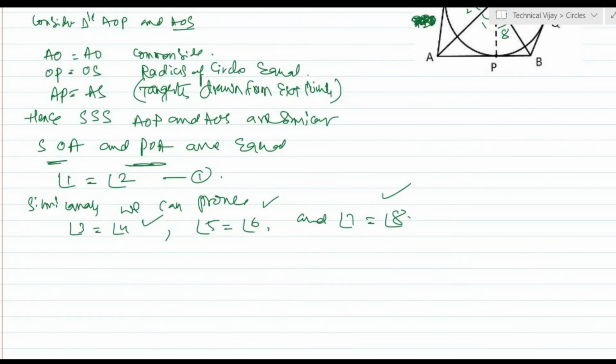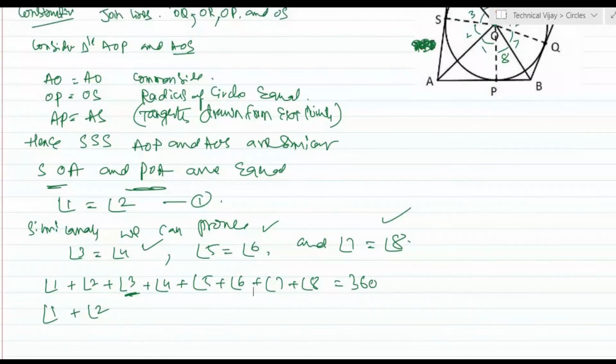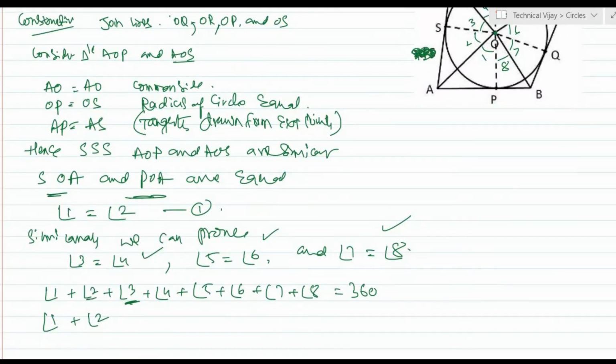So after this, angle 1 plus angle 2 plus angle 3 plus angle 4 plus 5 plus 6 plus 7 plus 8 is equal to 360 degrees, because the sum of all the angles around the point will be equal to 360 degrees. Okay, so here angle 3 is equal to angle 2, and angle 2 is equal to angle 1.